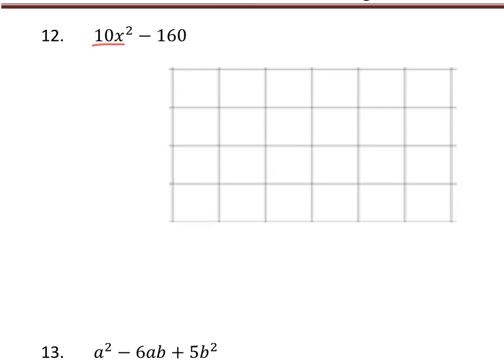So between 10x squared and 160x, we have a greatest common factor of 10. And so if you divide 10 into 10x squared, you will get x squared. And if you divide 10 into 160, you will get 16.